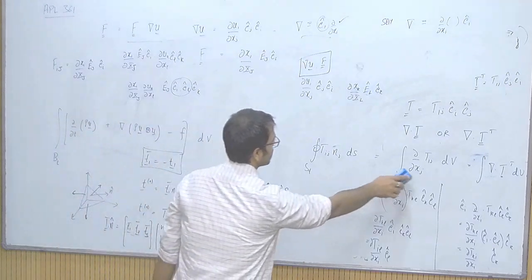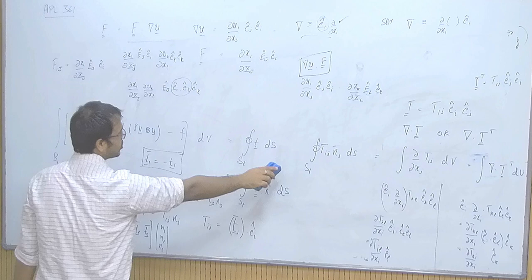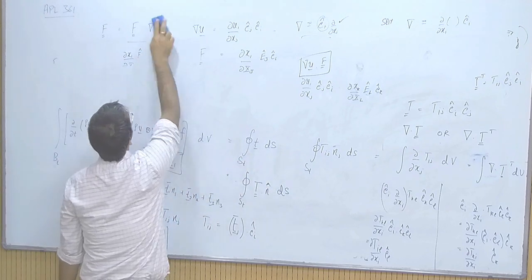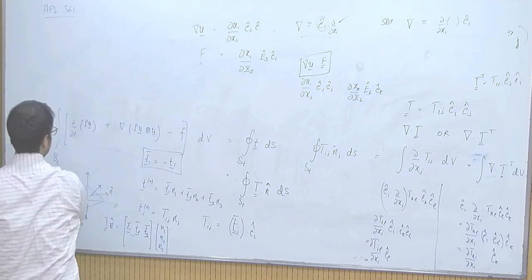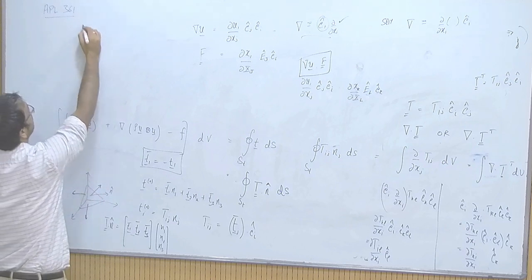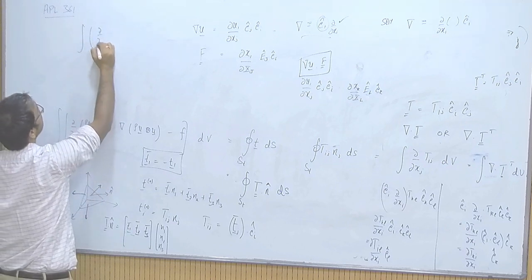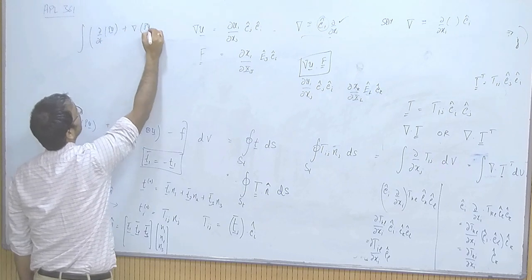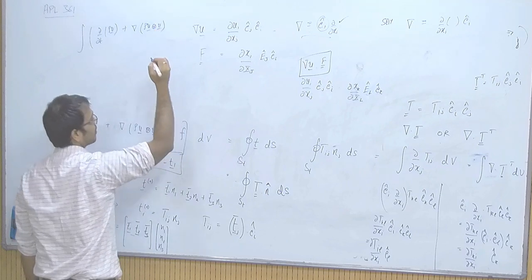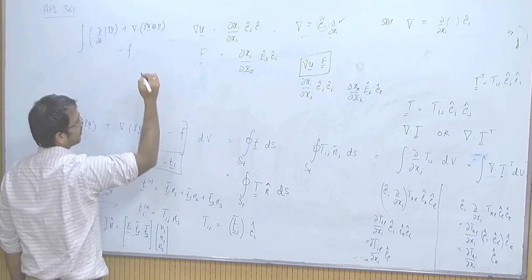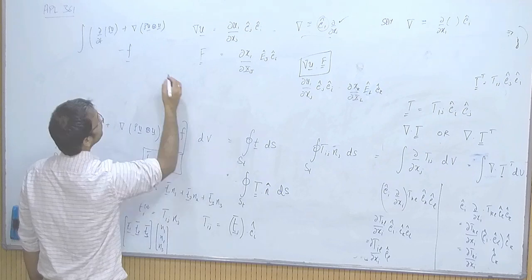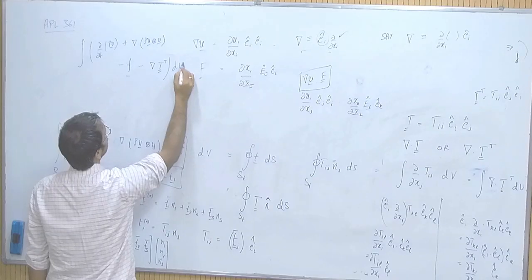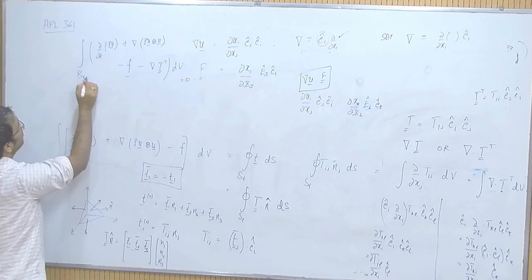So you see, this is what we get, and now we have managed to convert this surface integral into a volume integral, and we can proceed with our usual logic, which is that this holds for an arbitrary deformed configuration.